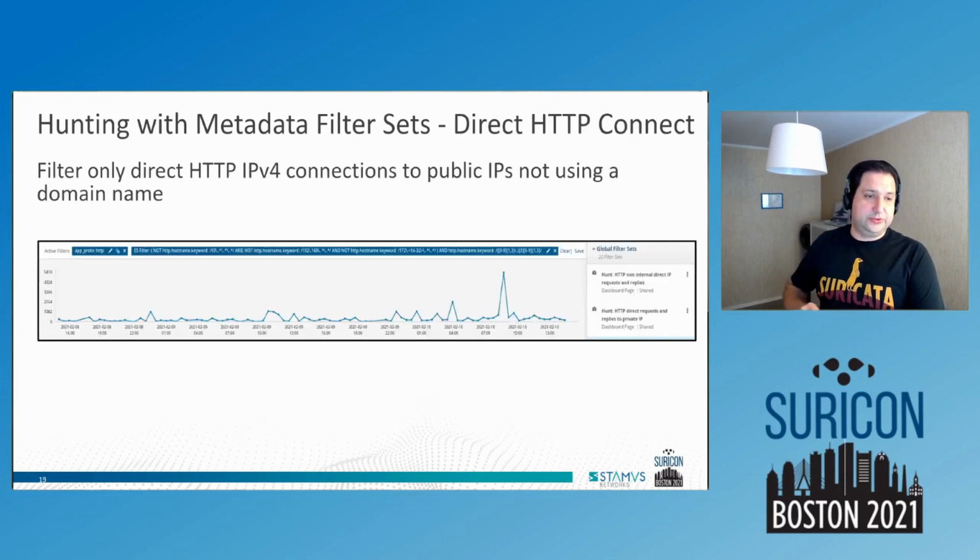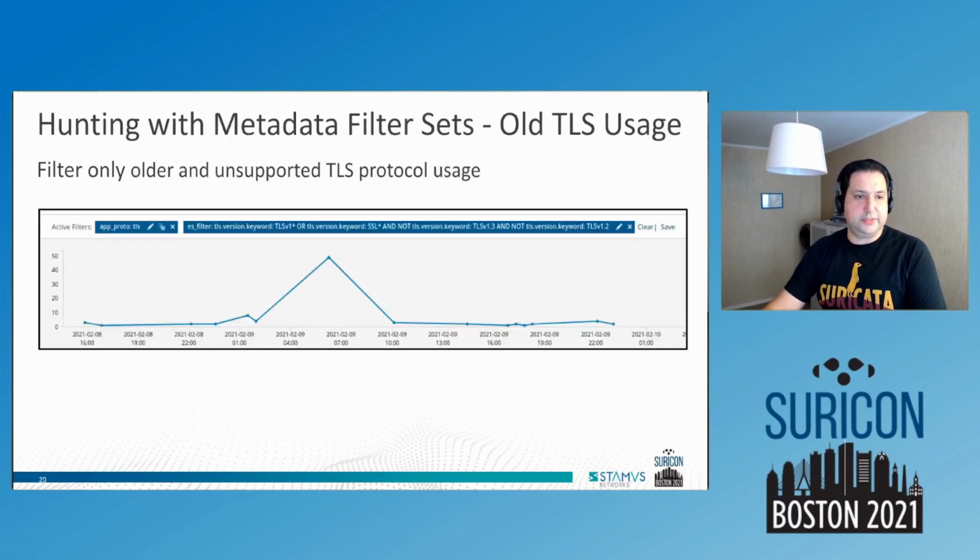Another thing you can do, a bit of a long query, is look for direct IPv4 quad connections, not using a domain name, just an IP address. Another idea would be to look for older protocols or TLS versions, say unsupported TLS protocol usage in this example.